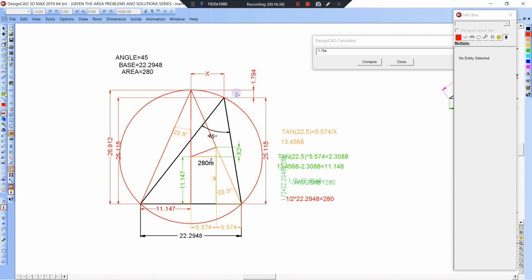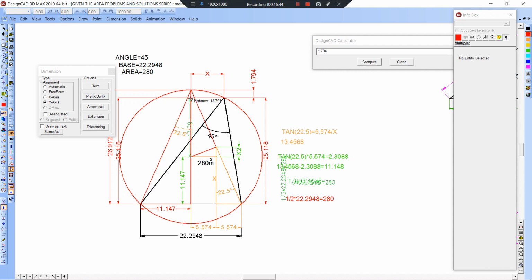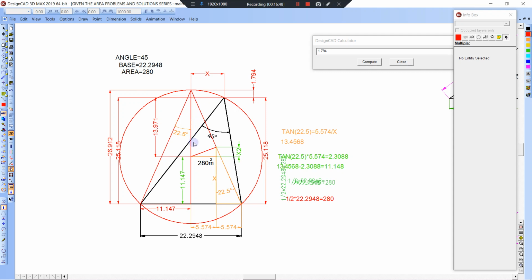Now we have this dimension. So what we're looking for now is the dimension that's right here, so that we can get this triangle. So let's see. So first we need, if we get this dimension right here, turn it into blue. Let's solve for that blue dimension first.